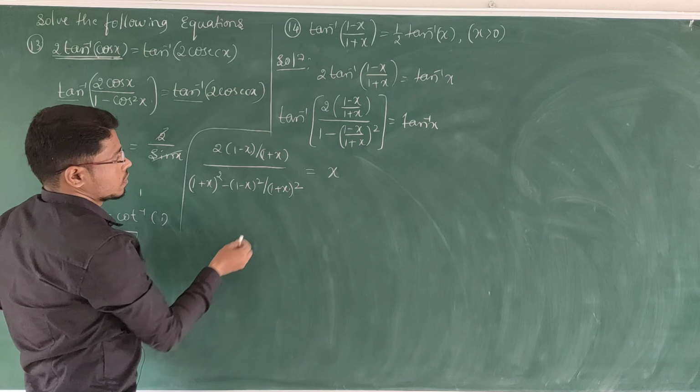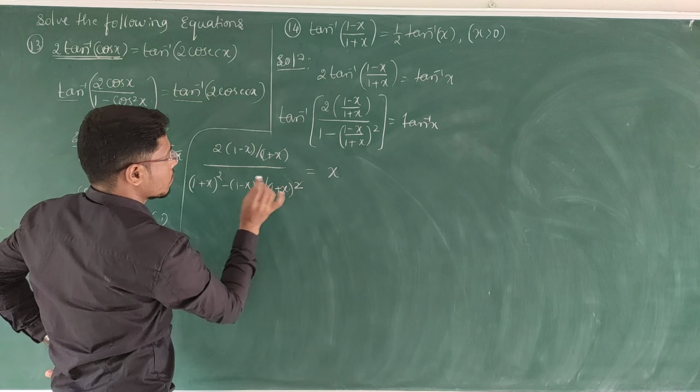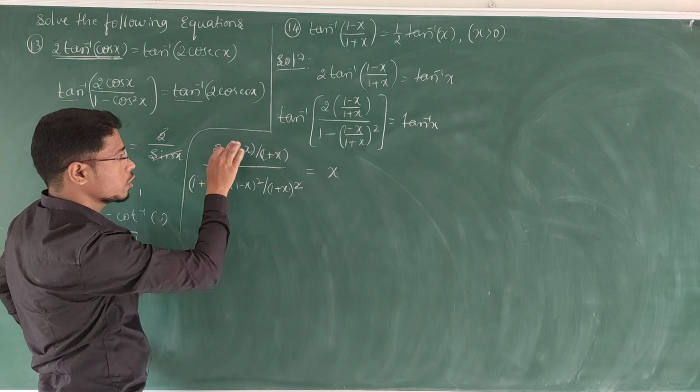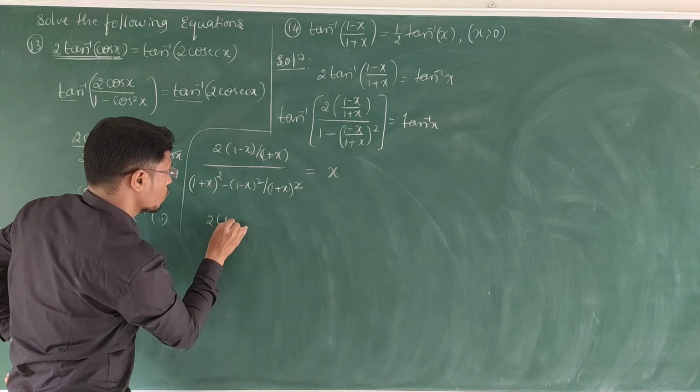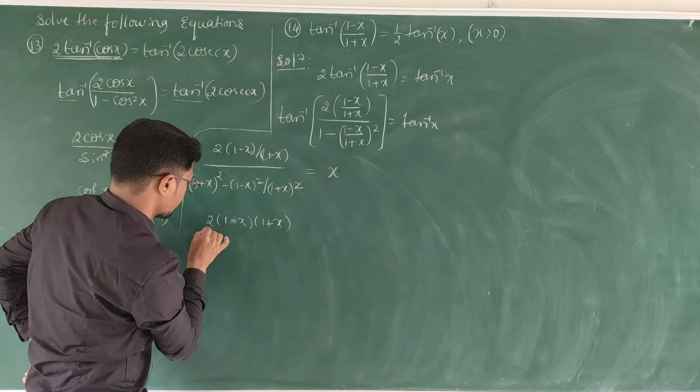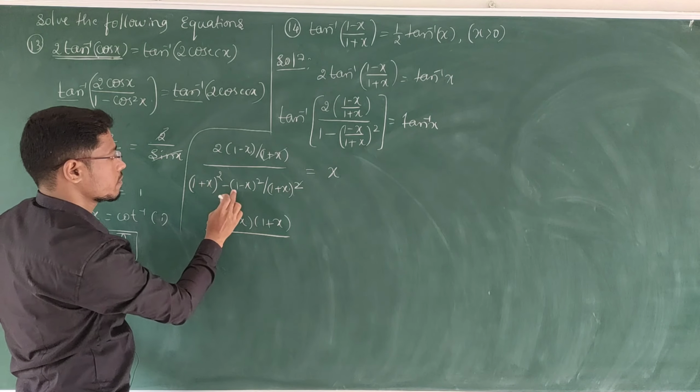So see here, 1 plus x and 1 plus x get cancelled, so the remaining 1 plus x comes in the numerator. 2 times 1 minus x times 1 plus x upon 1 plus x square minus 1 minus x square.